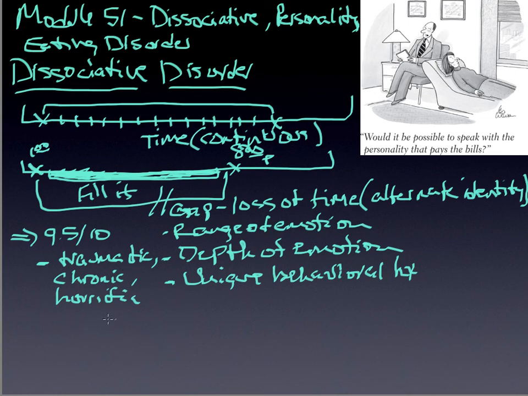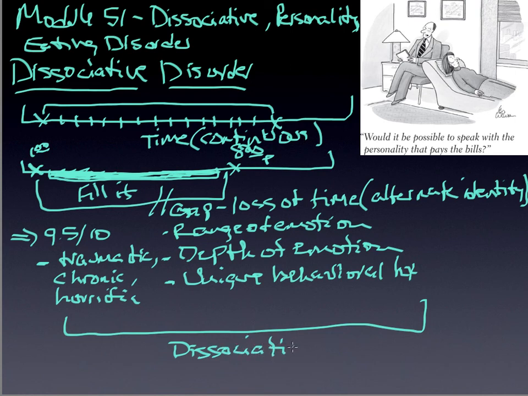Now, let's go back to our timelines up here. You can also think of dissociation, and let me create another timeline for you. Dissociation itself is not pathological, okay? If you were to think of it along a continuum, there's a long part of this continuum that would all fall within the range of normal. A good example would be daydreaming.